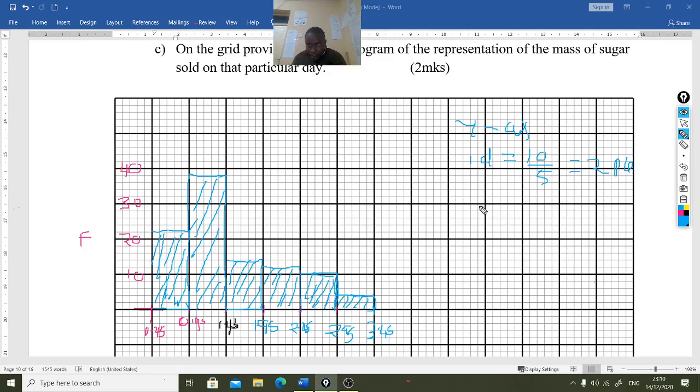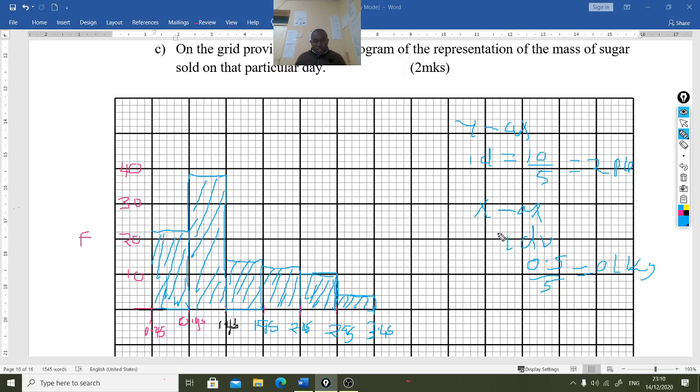Then on the x-axis, one division will represent 0.5 divided by 5, which is equal to 0.1 kg. Each represents 0.1 kg. So you get your scale, and then you are done with your histogram.